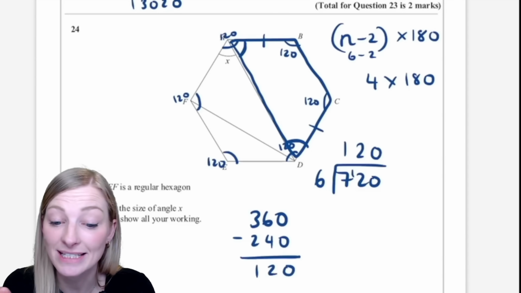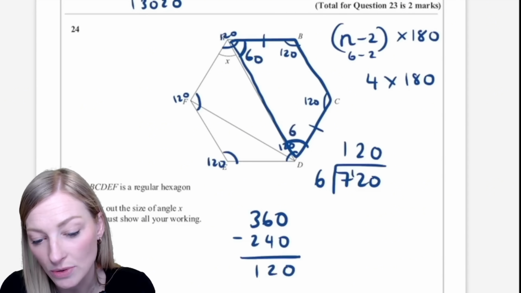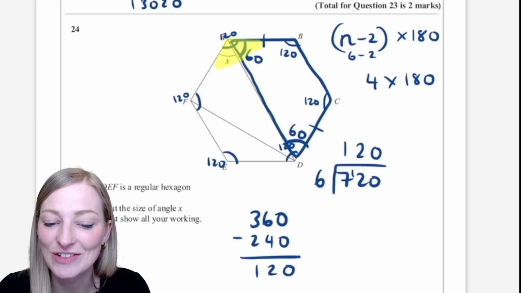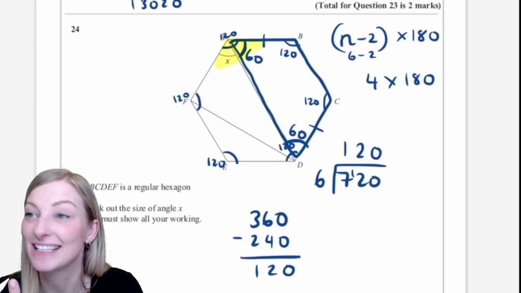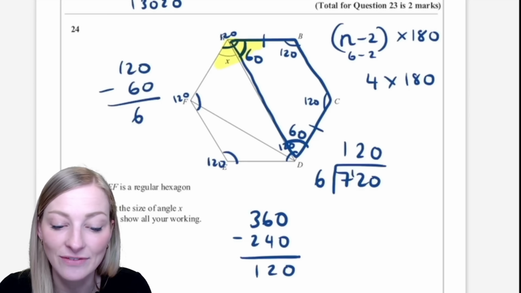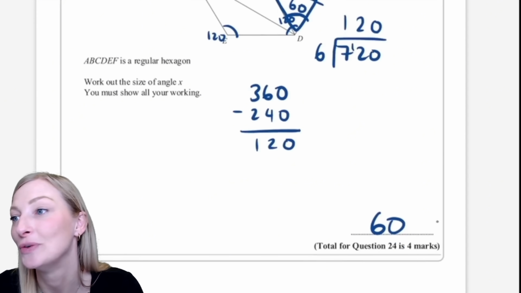And 120 then needs to get split equally between the two angles. So 60 degrees here and 60 degrees here. If this angle is 120 degrees in total, and I've got 60 on that side, 120 take away 60 leaves us with 60 degrees, which is going to be my answer for x.